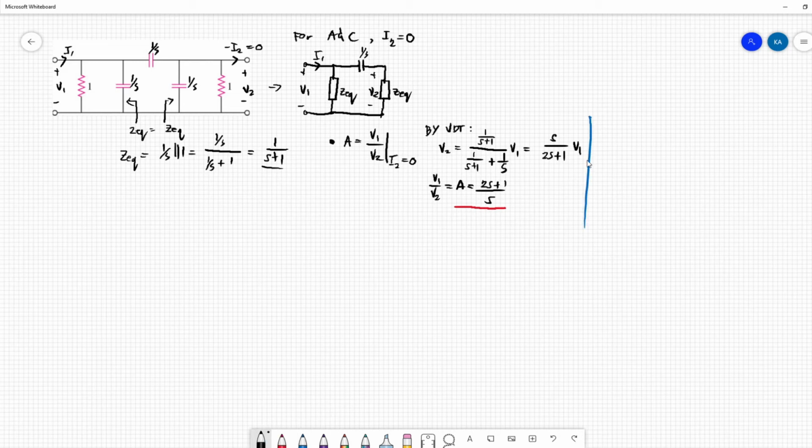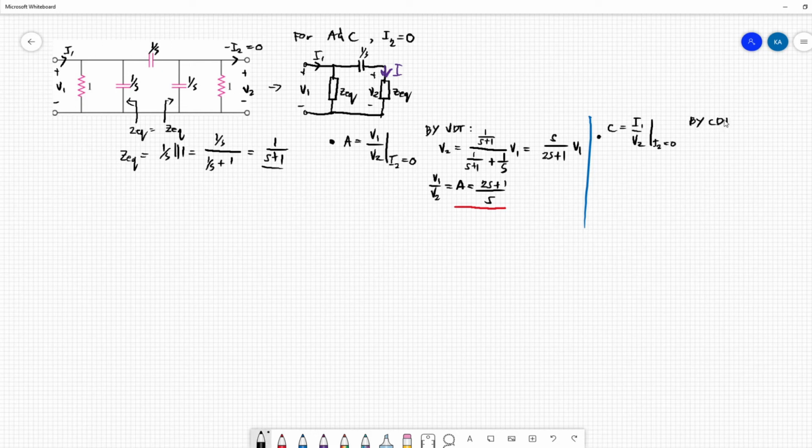Now solving for C, which is equal to I1 over V2. Let's label the current in this branch as I. Then we can relate I and I1 by using CDT.